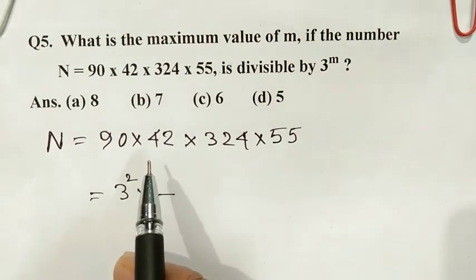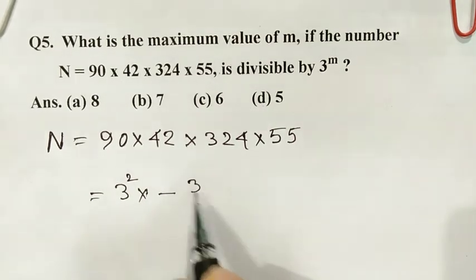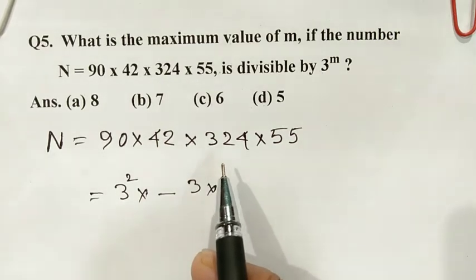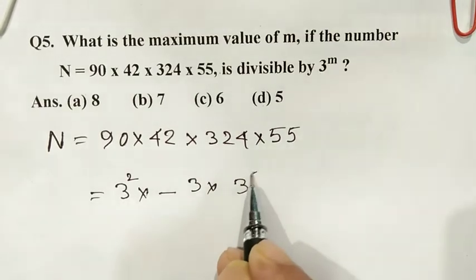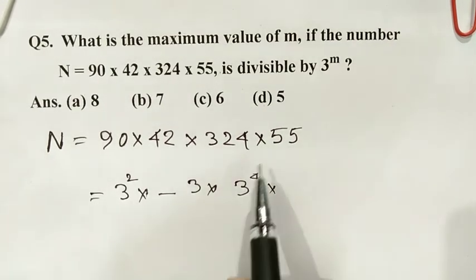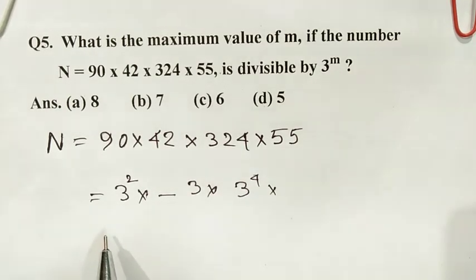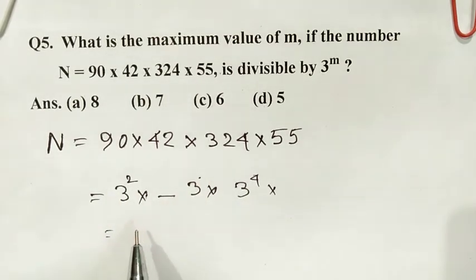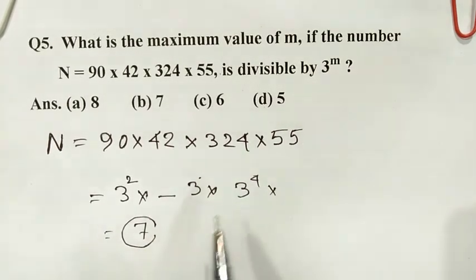Then 42 equals 3 into 14, so 3. 324 equals 81 into 4, then 3 to the power 4. In 55 there is no factor of 3. Then the answer is the sum of powers of 3: 2 plus 1 plus 4, which is 7. Answer B.